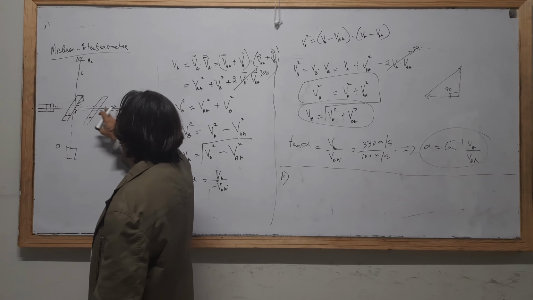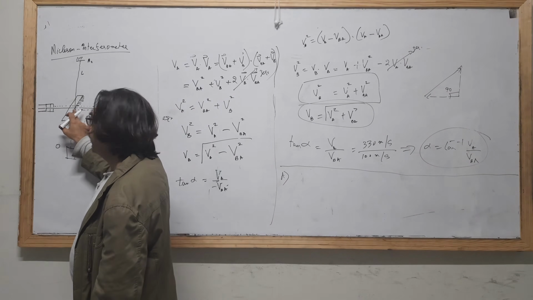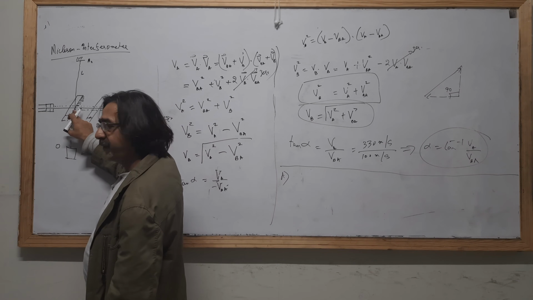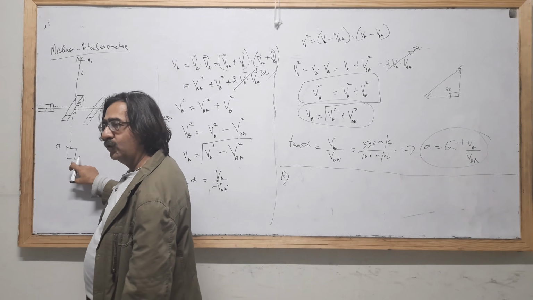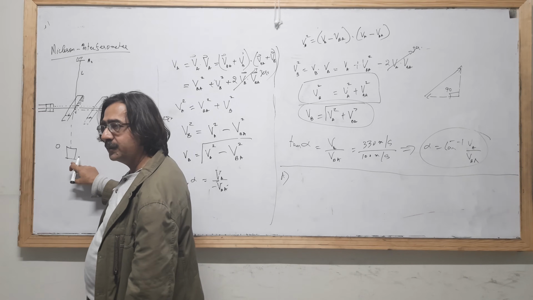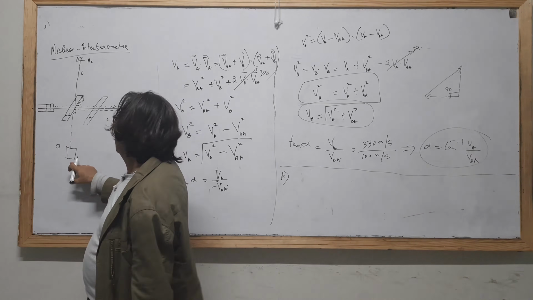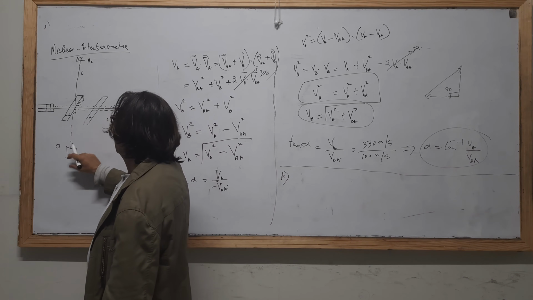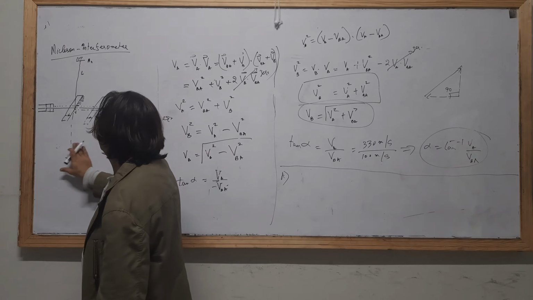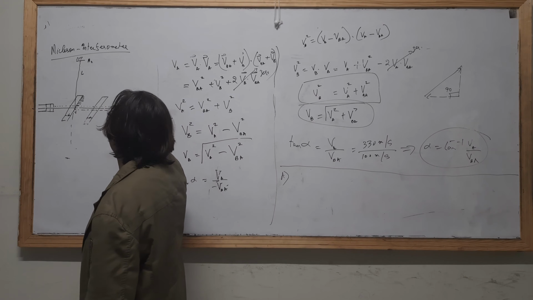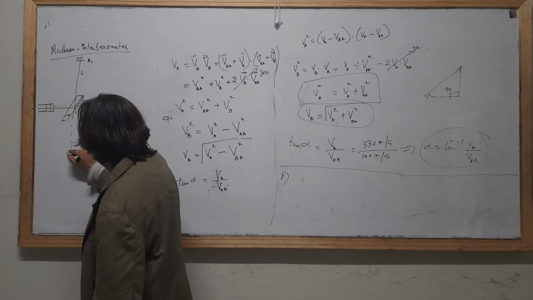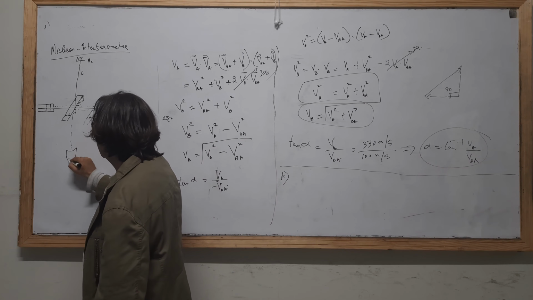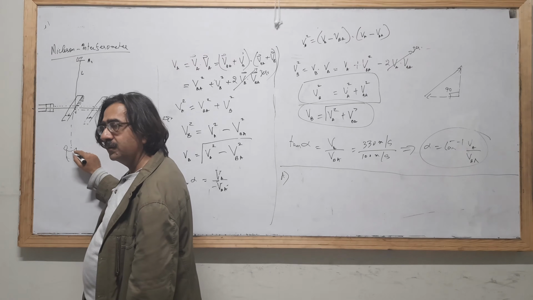This light will pass through this and reflect back, and then after colliding with this it will come toward the observer. They are two plane mirrors, M1 and M2, reflector mirrors, and this is the observer, O.